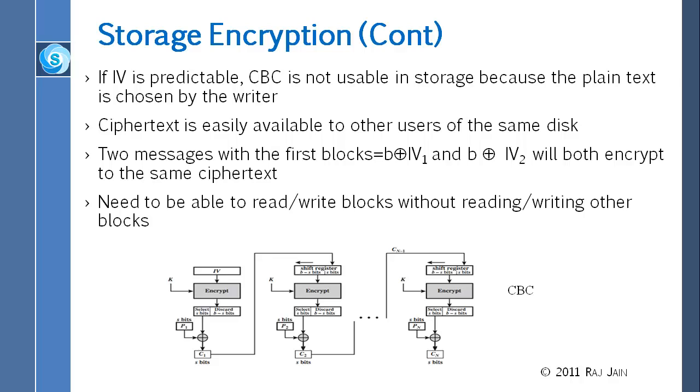We cannot use CBC for sure, because first of all, CBC is not usable in storage because the plain text is chosen by the writer. So here's the thing: when you write on a disk, you are not the only one using the disk. There might be other people using the same disk, but they are not classified. Classified means they are not allowed to use the secret information, right?